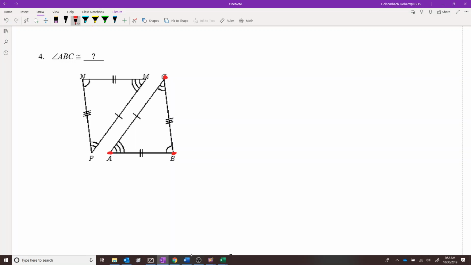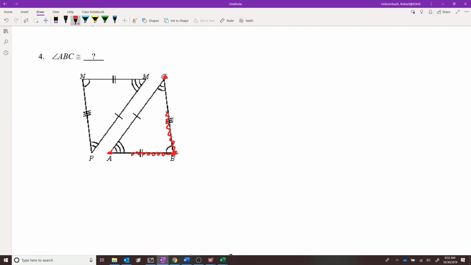Actually, wait a minute. I'm reading. This is angle ABC. Alright. Angle ABC is right here. It's not triangle. It's angle ABC. Angle ABC is congruent to, angle B has the one arc mark in it, doesn't it?